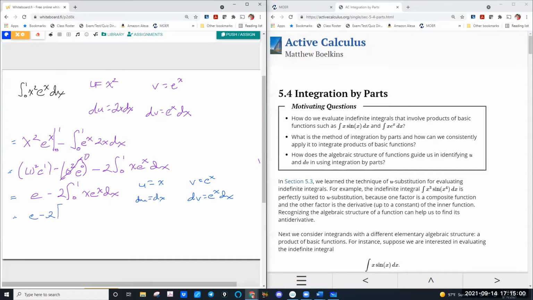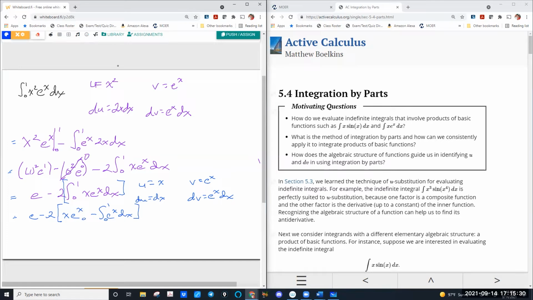I like using brackets just to remind myself this minus 2 is going to apply to what I'm doing in here. So I've got uv, which will be x e to the x, minus the integral of v du, e to the x dx. Close that bracket. This is a definite integral from 0 to 1.